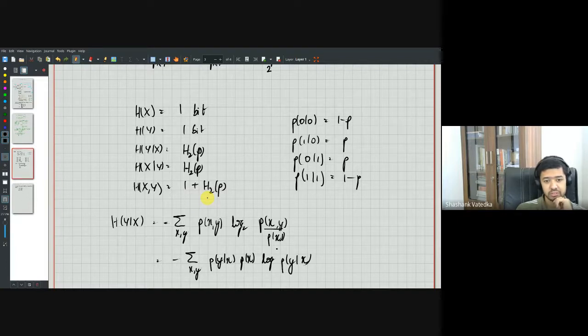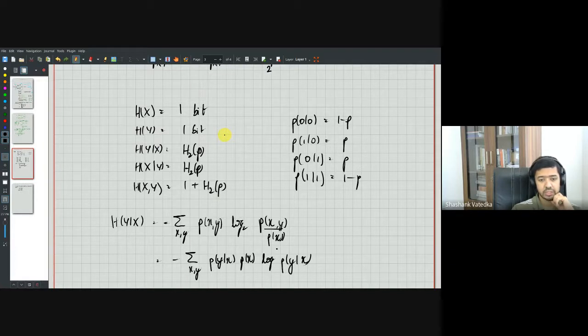So if you compress x and y separately, without doing any sort of distributed source compression, essentially you can't achieve any compression. The minimum rate at which you can compress x is 1 bit, and the minimum rate at which you can compress y is 1 bit.